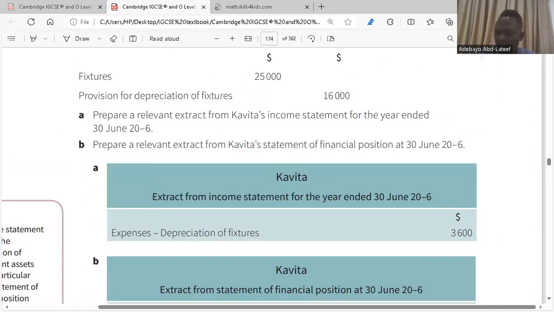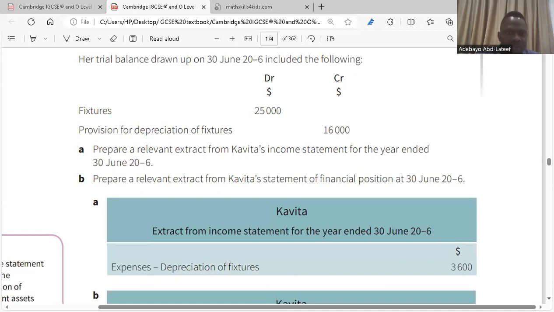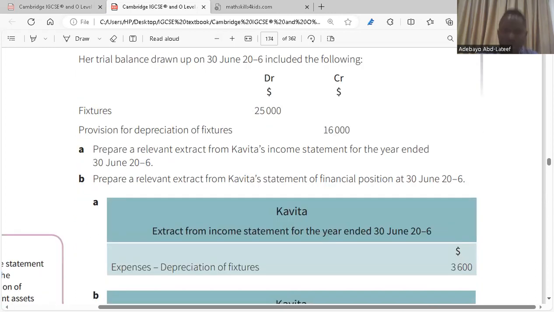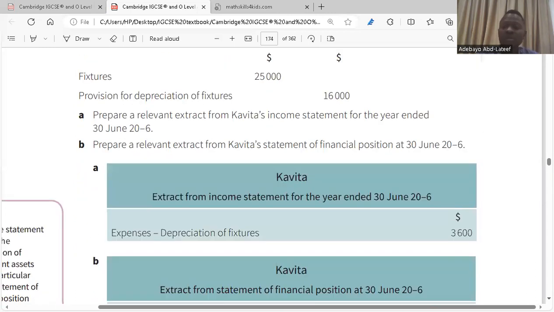But here they said prepare, okay, 25,000, reducing balance method for 2 years. So 25,000 minus this. Depreciation of fixtures will be 40%. Yes, that's 10,000.